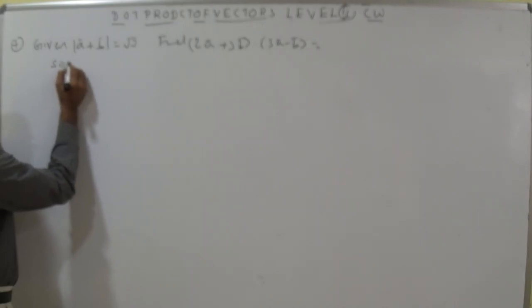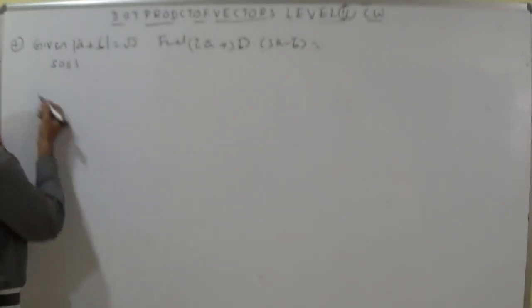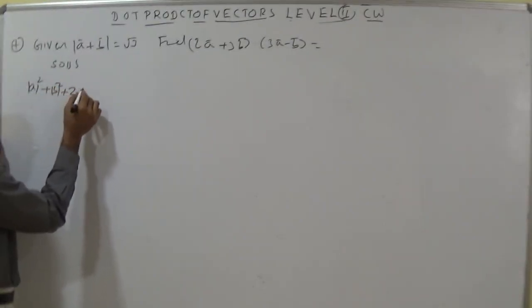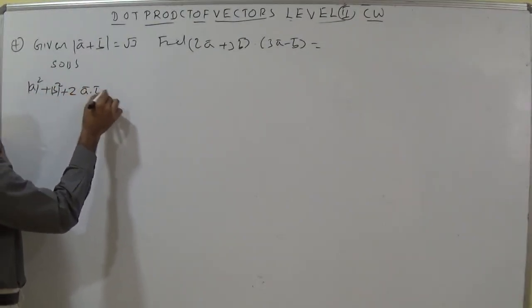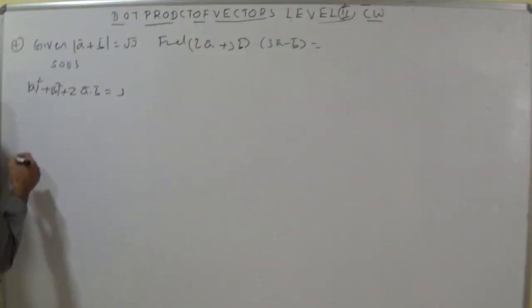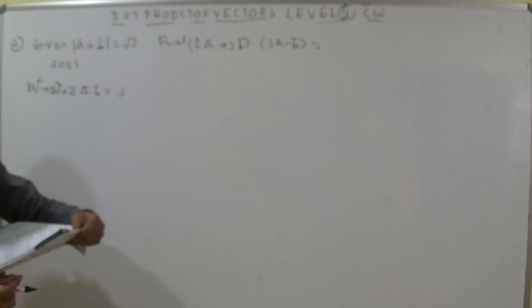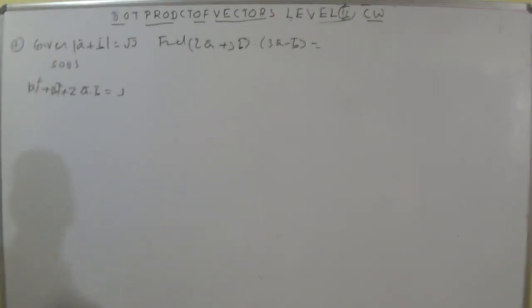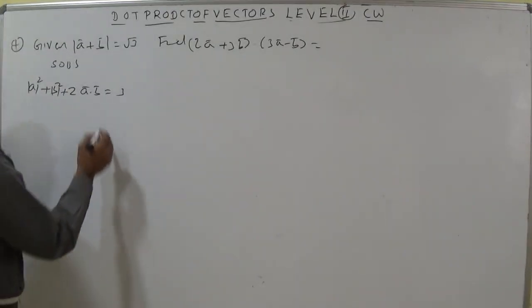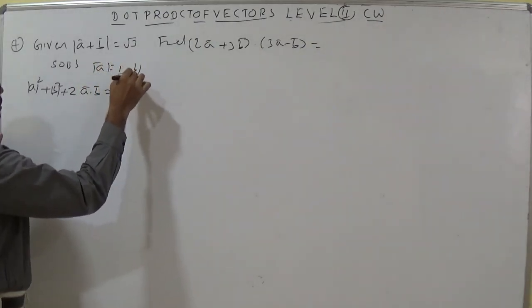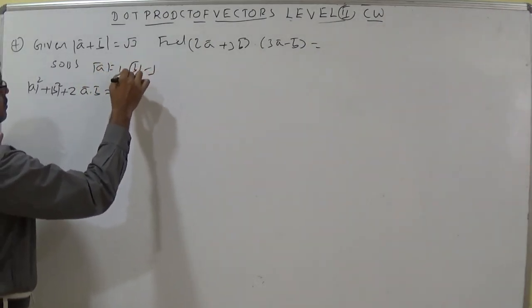If we square both sides, we get modulus of A square plus modulus of B square plus 2 A bar dot B bar is equal to 3. Since non-collinear unit vectors are given, magnitude of A is equal to 1 and magnitude of B is equal to 1.